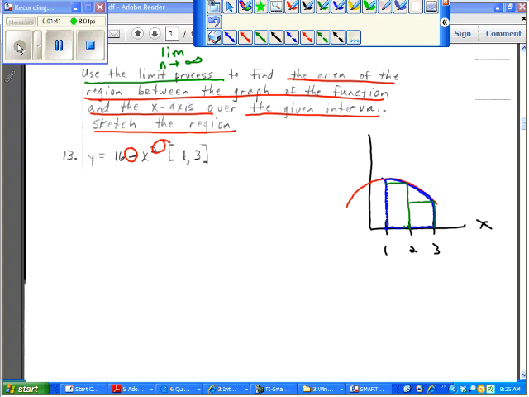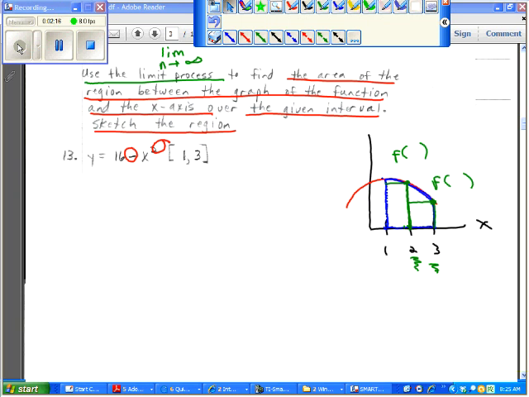Now, we know that the height of this particular rectangle could be found by finding the function value at the right edge of that rectangle. Okay? And so we found the area of each rectangle and added them up.